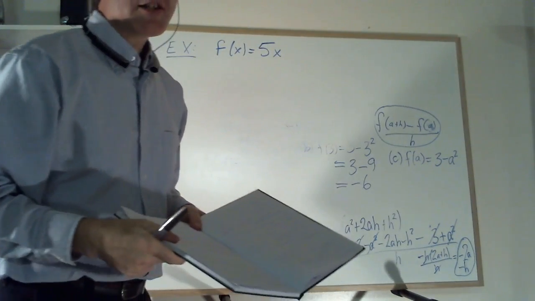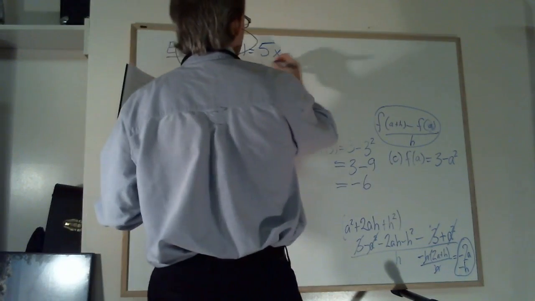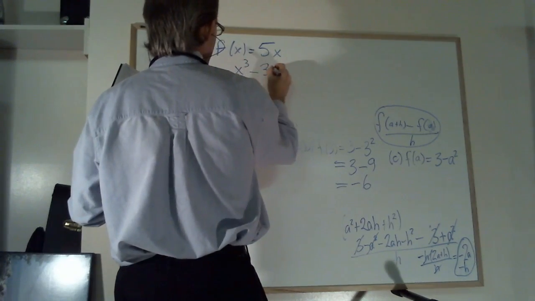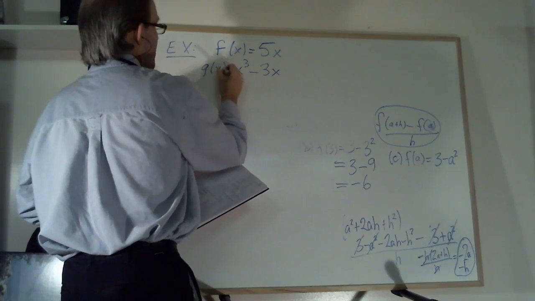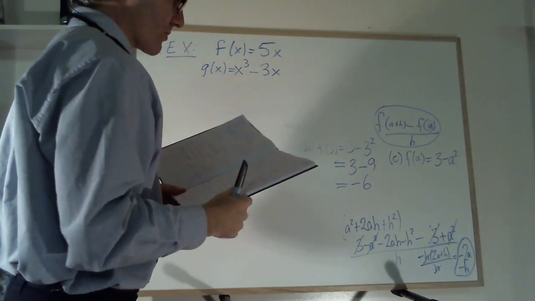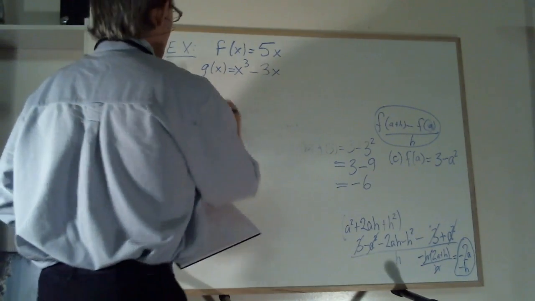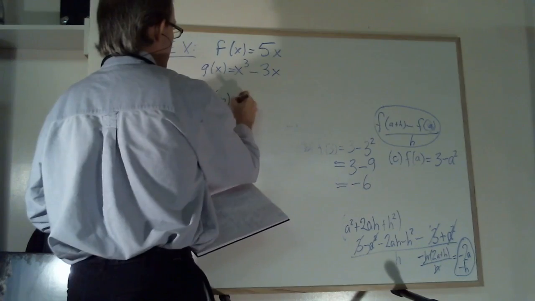So this is called a linear function. Or, let's see, another one would be x cubed minus 3x. So that might be another function. I'll call it by a different name, g of x.